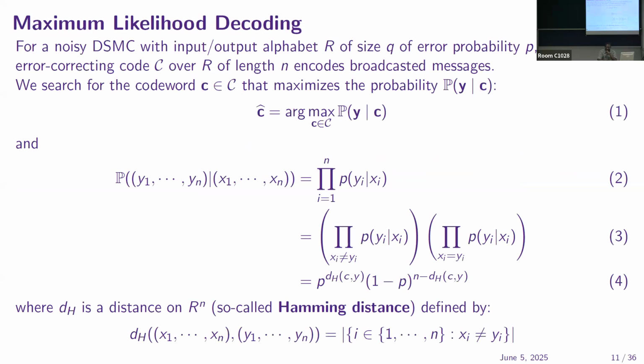Maximum likelihood decoding works when you use the noisy discrete symmetric memoryless channel with the same alphabet for input and output A, of cardinality q, with error probability p, and an error correcting code C over A of length n encodes the broadcast message.